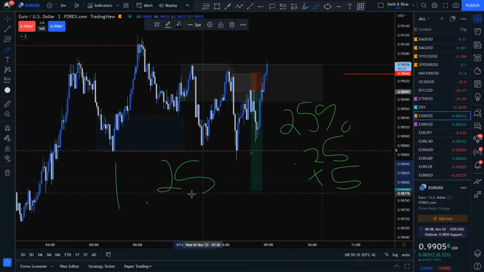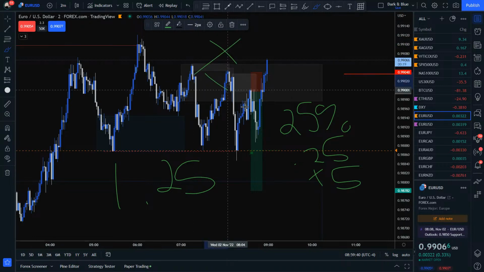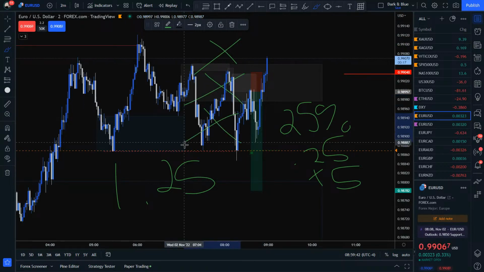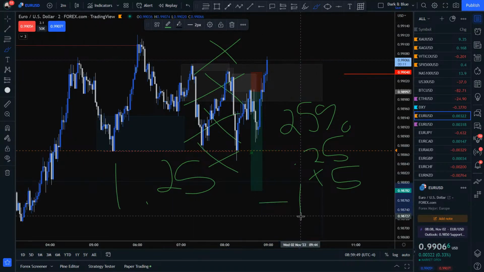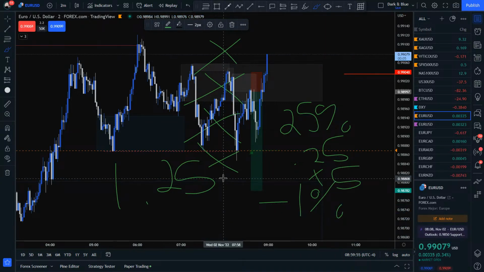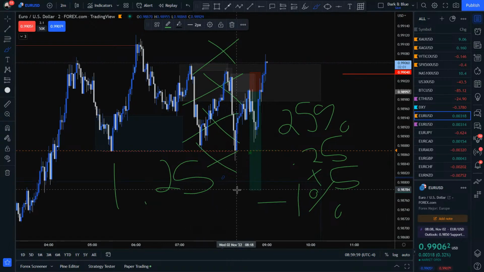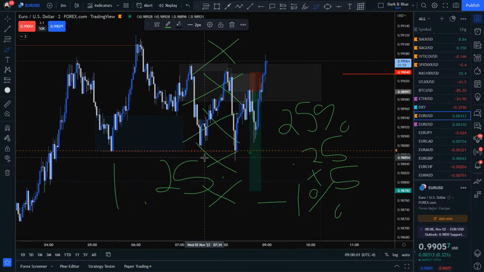And that means I can take 1L, 2L, 3L, 4L. Where am I at? I'm only at minus 1%. On the fifth try, after 4 losses, I make 1.25.